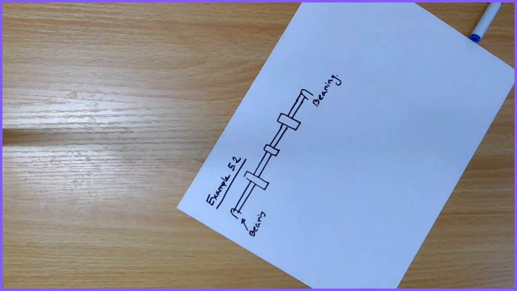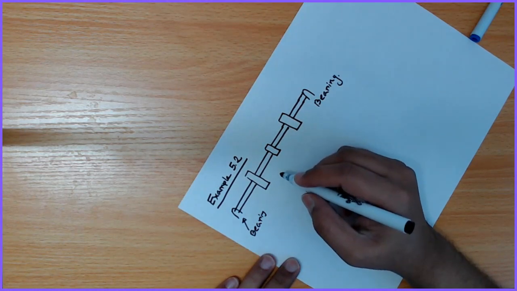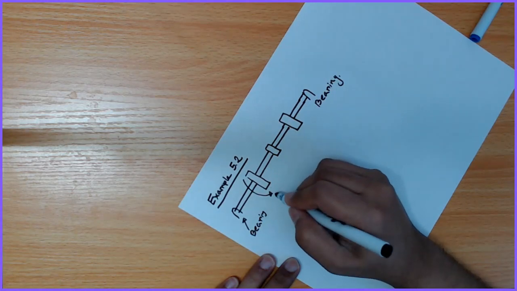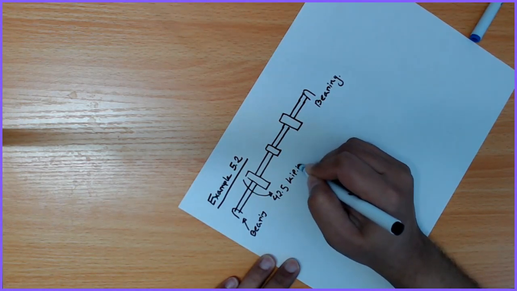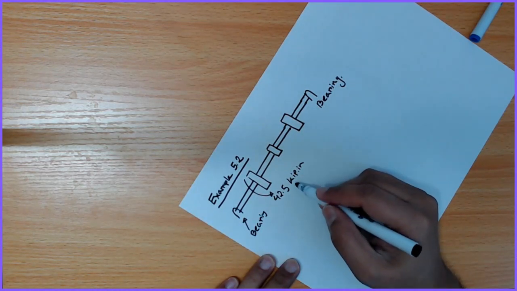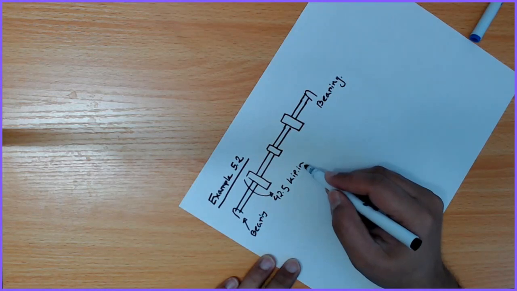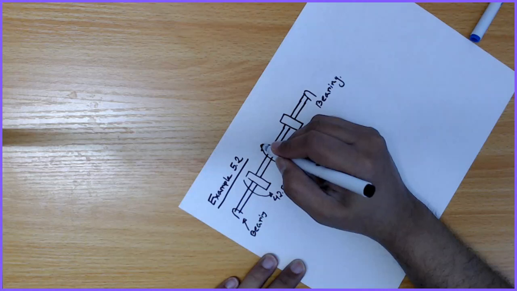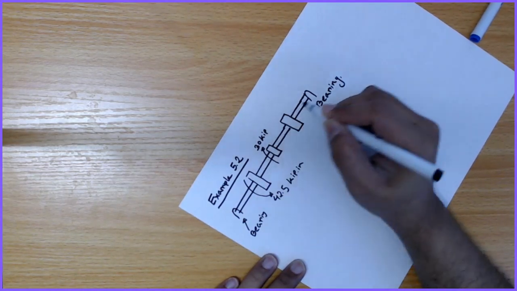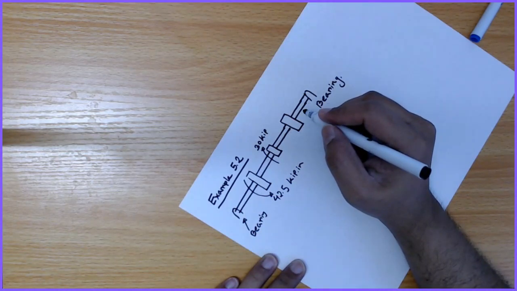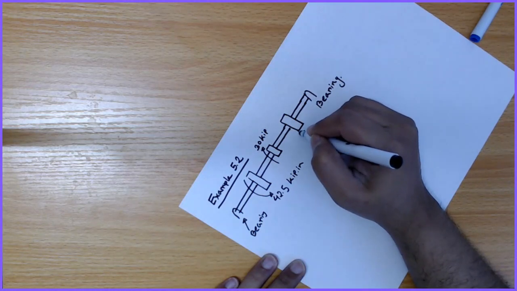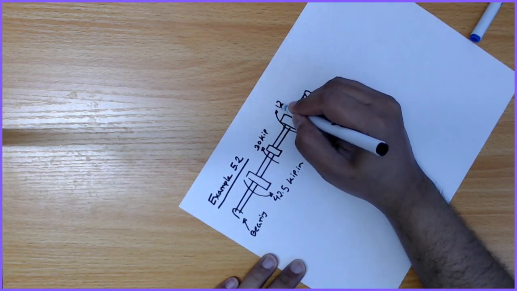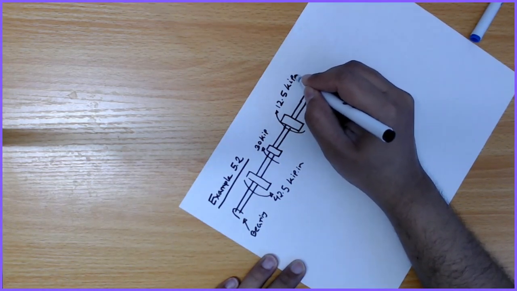And this one is 42.5 kilopounds inch. This is in FPS unit. That's why in FPS units the force is pound, here kilopound, and the distance is in inch. This is 30 kilopounds inch, and the last one is also 12.5 kilopounds inch.